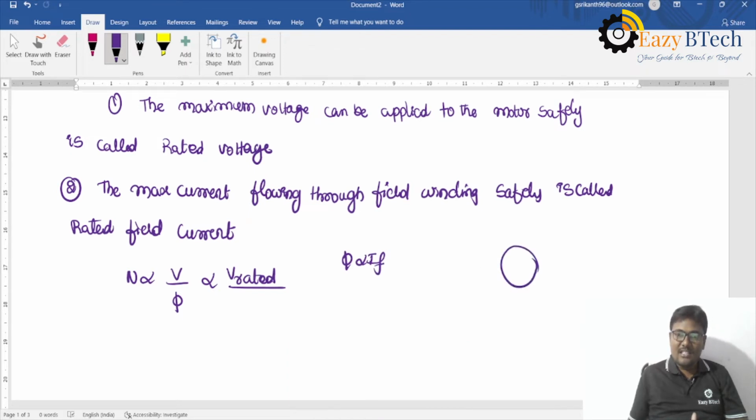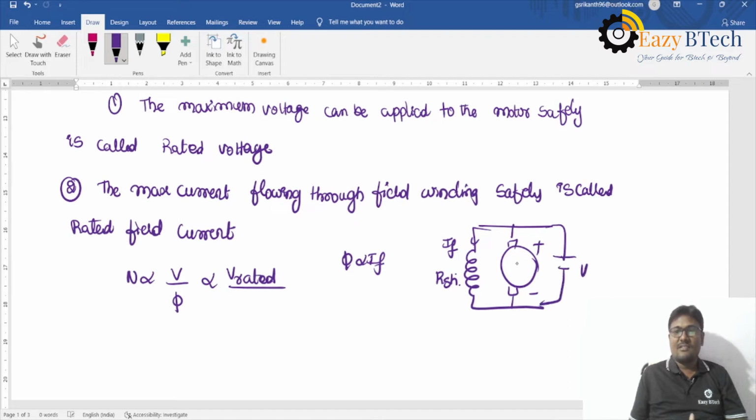Suppose you draw the DC shunt motor, the current flowing through the field winding is If, and the voltage applied across the armature is V. So if V is rated and If is also rated, then we can say that the speed is also rated.